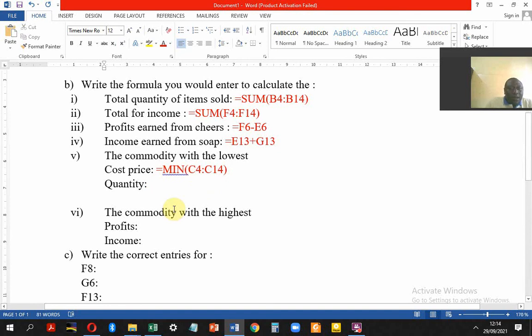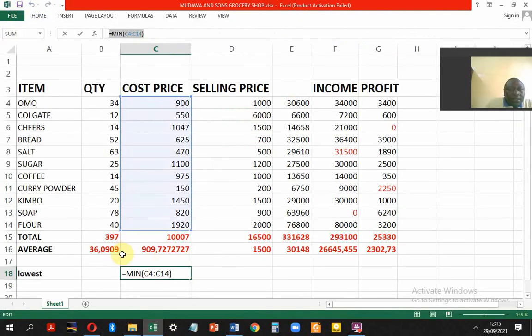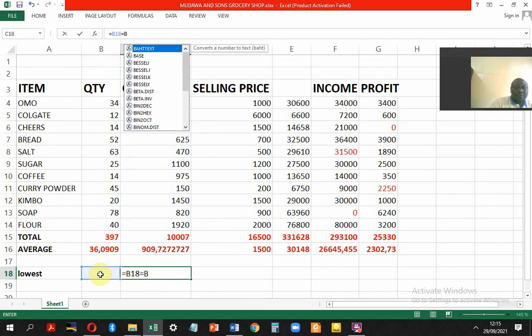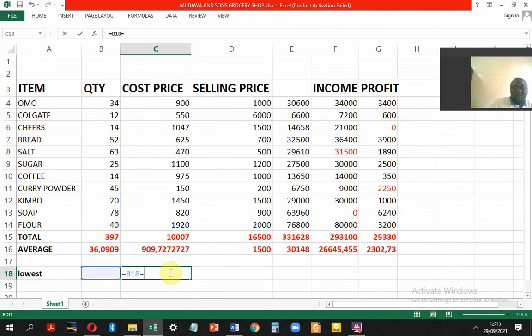Then we come back to this question. Write the formula you would enter to calculate the lowest quantity. So you go back to our spreadsheet so that we look at quantity. This is our quantity. So say equal sign, sorry about this, I'm just removing this.